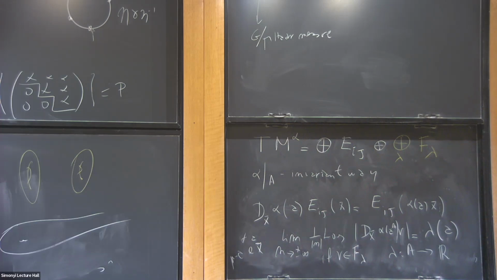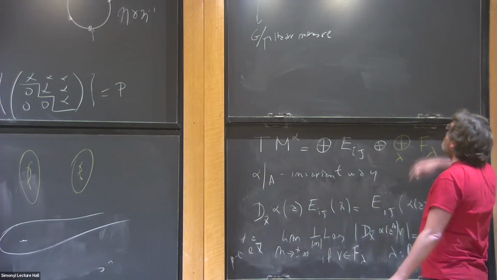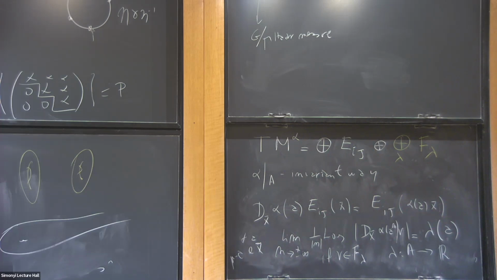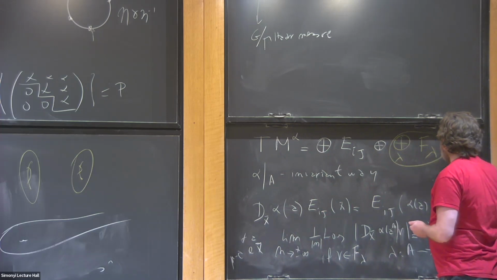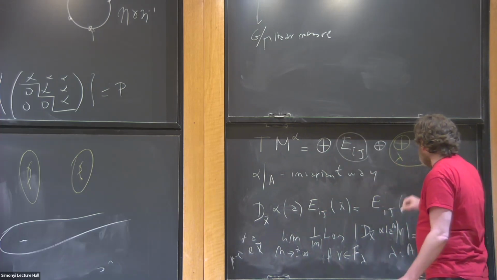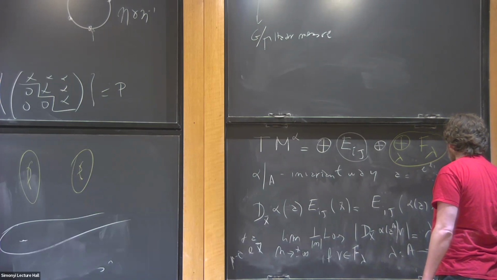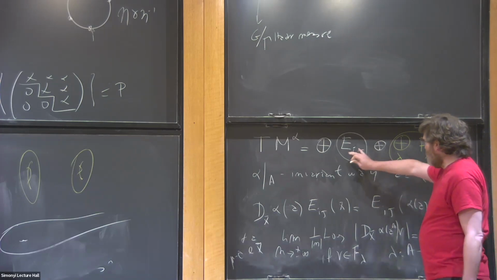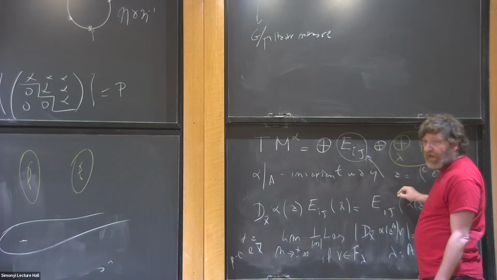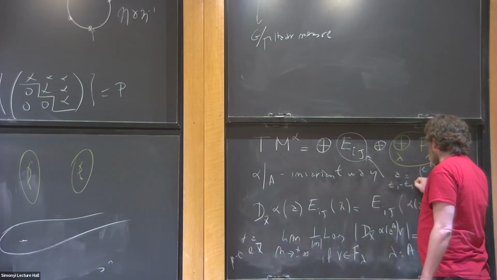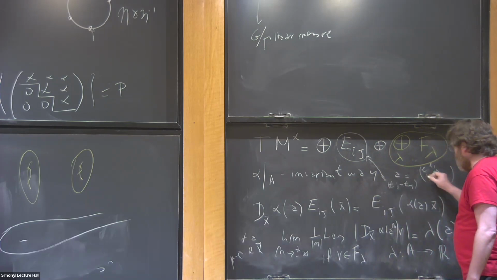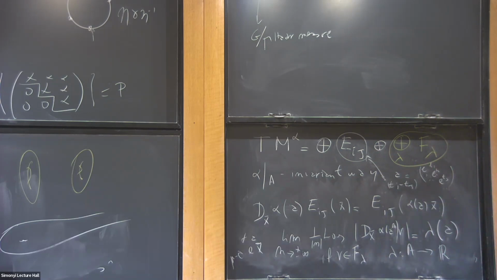Mu has to be assumed ergodic, so once you have a measure, you can assume it's ergodic. If it is P ergodic, it is A ergodic, so this is all fine. So these are essentially the weights with respect to this invariant measure. The Aij are not so fun because if a is diag(e^T1, e^T2, e^T3), then in the Aij you have the roots Ti minus Tj, and they correspond to the corresponding directions as already seen.